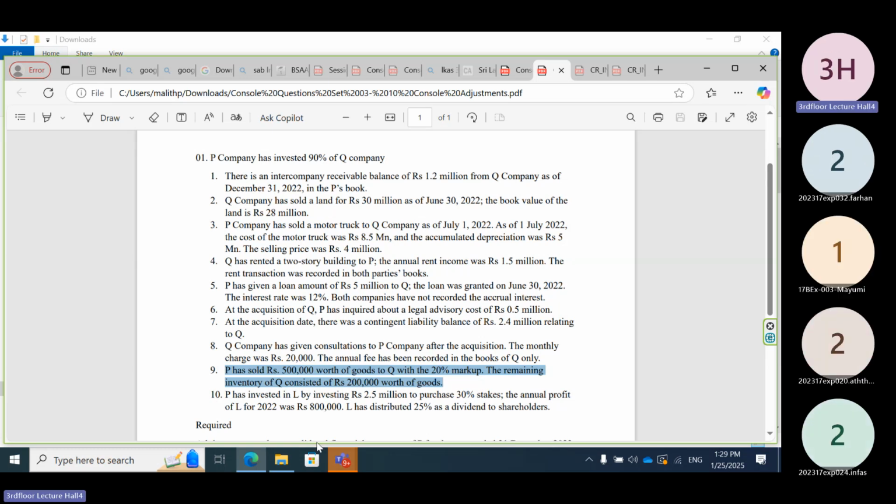Markup and the margin. 20% markup, how are we going to calculate this? With 20% markup, the margin is 1/6 of the sales. So markup 20% means margin 16.66. This is the way you need to calculate. Okay?